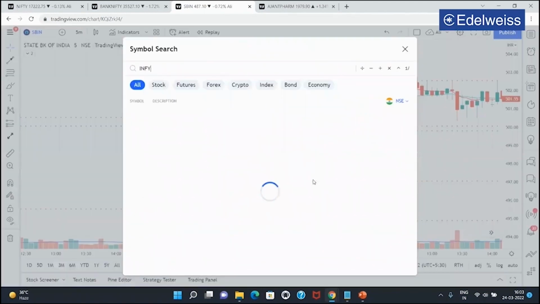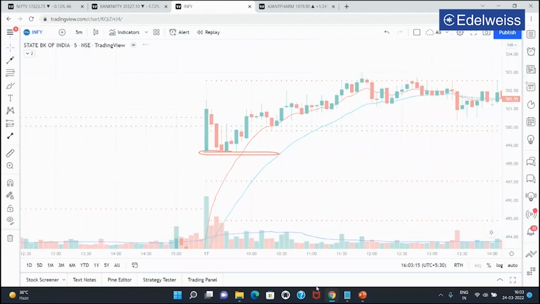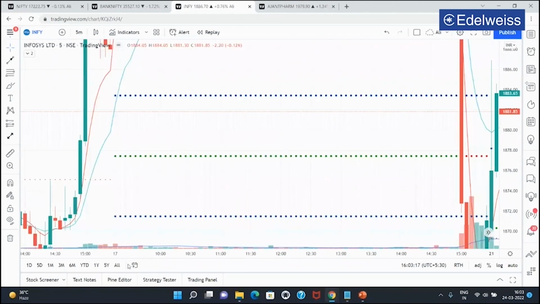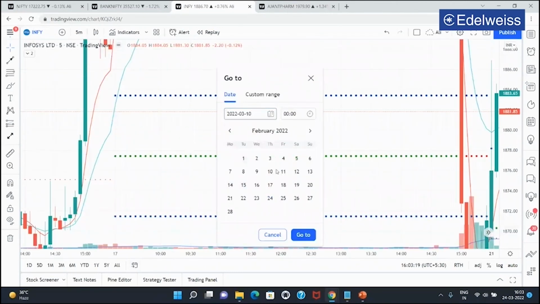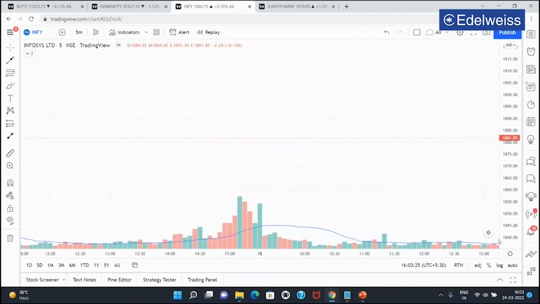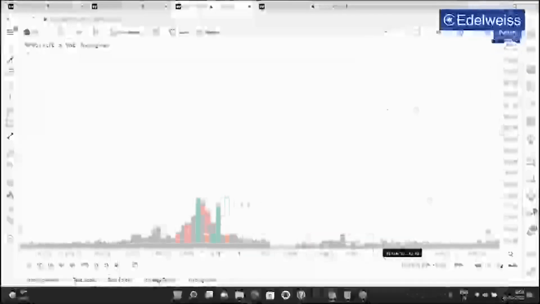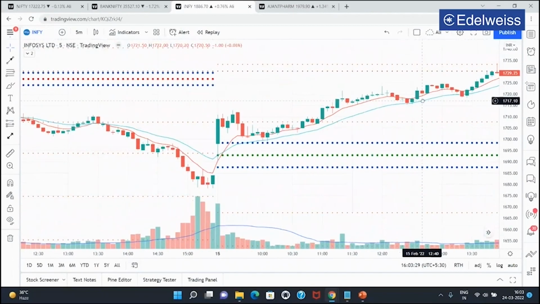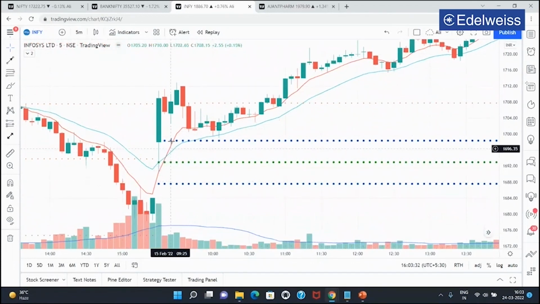One more example and I'll be done with these setups. Infosys, which is on 15th of February. You can see the first green candle low, price came towards it, took CPR support and 20 EMA support.